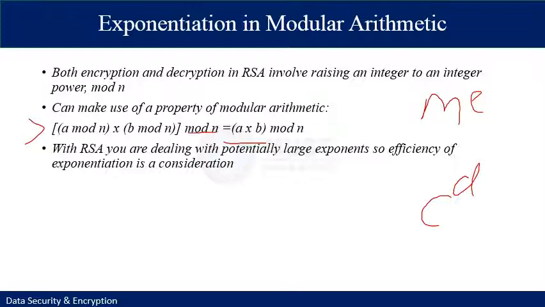So if the exponentiation is done over the integers and then reduced modulo n, the intermediate values would be very high. Therefore, this shift reduces a large amount of computation, and we can also reduce the intermediate result modulo n.